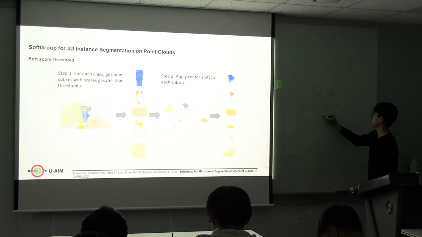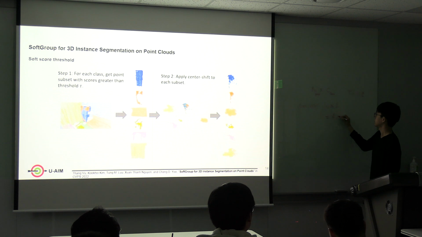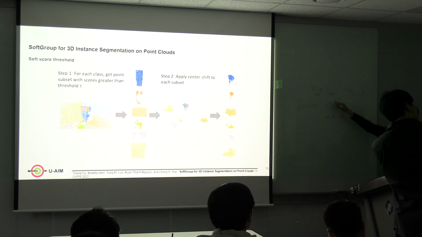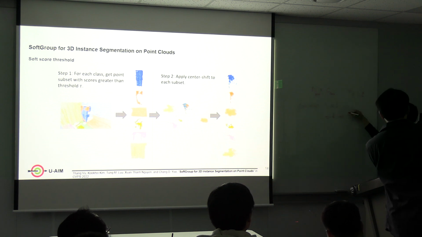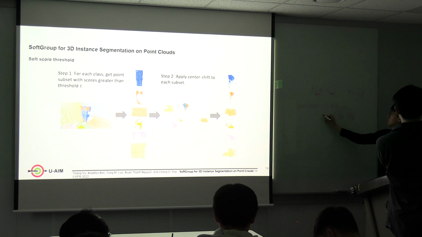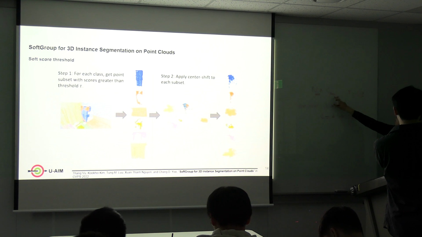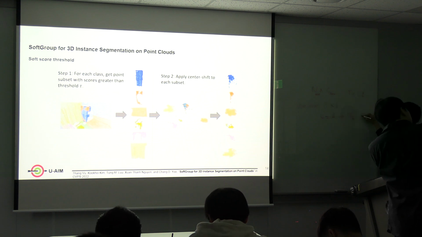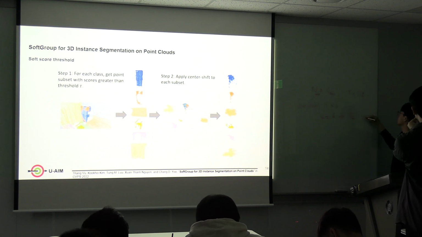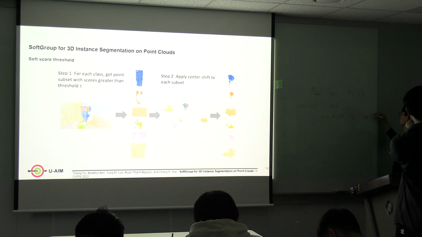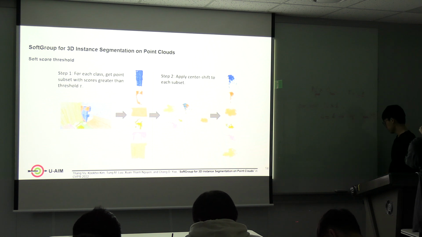So with the last one, they will get the subset here, the subset points n1 that satisfy the last score being above the threshold.